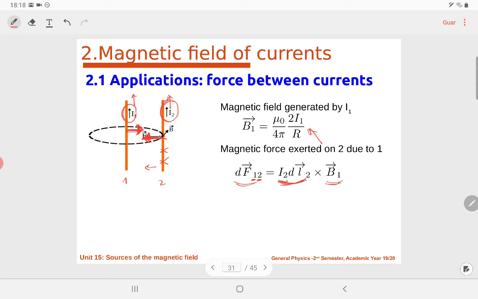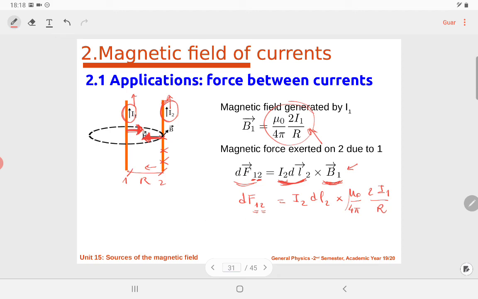That is for directions, but we can also work a bit more on the magnitudes. We know that these two are perpendicular, and we've also discussed the direction, so we can say that the force provided by the first one on the element of current of the second one is equal to the current of the second one, this element, times the magnitude of the field of the first one, which is provided here: mu 0 divided by 4 pi times twice the current of the first one divided by r, the distance between both.